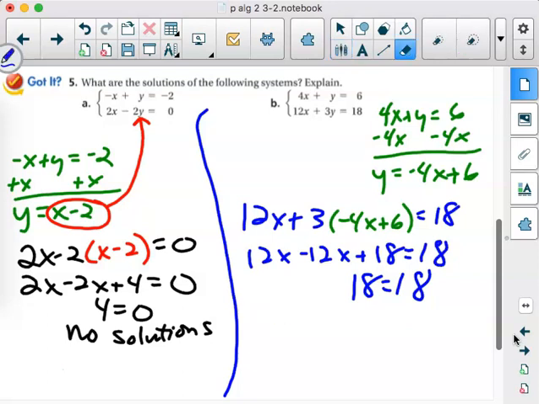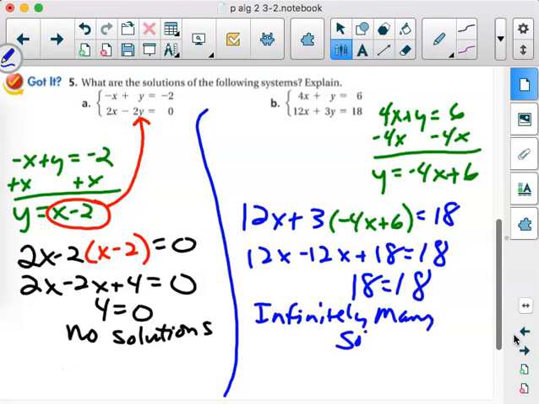Oops, I'm writing too fast for the smartboard. Infinitely many solutions. All right, so obviously you are then ready for a challenge question because this is a piece of cake for you.